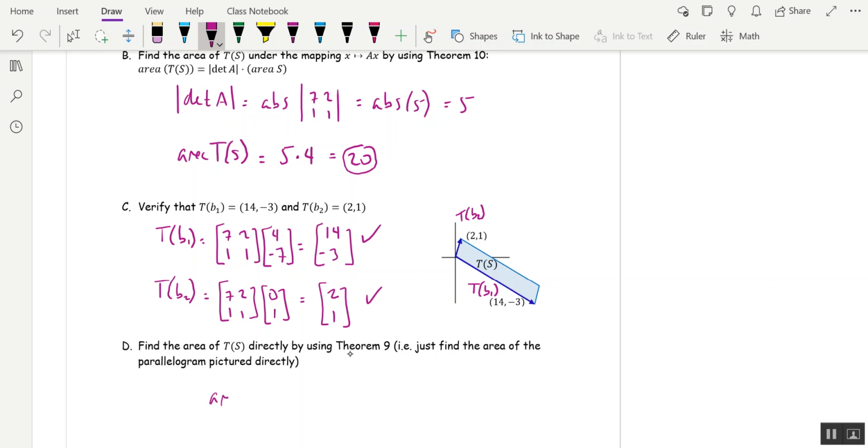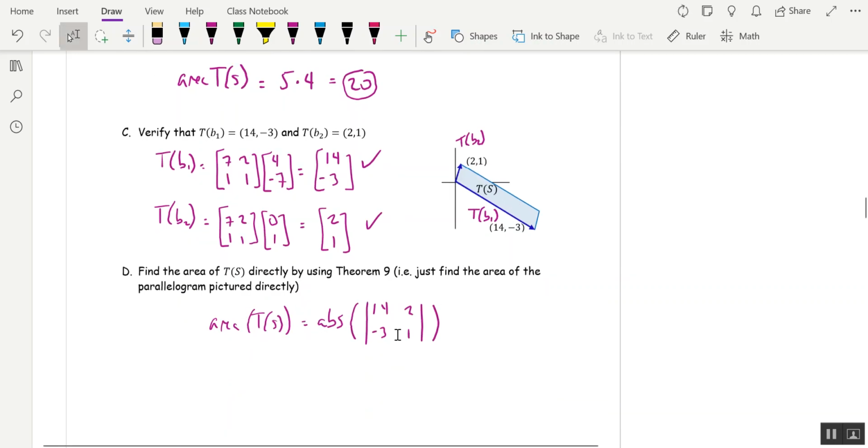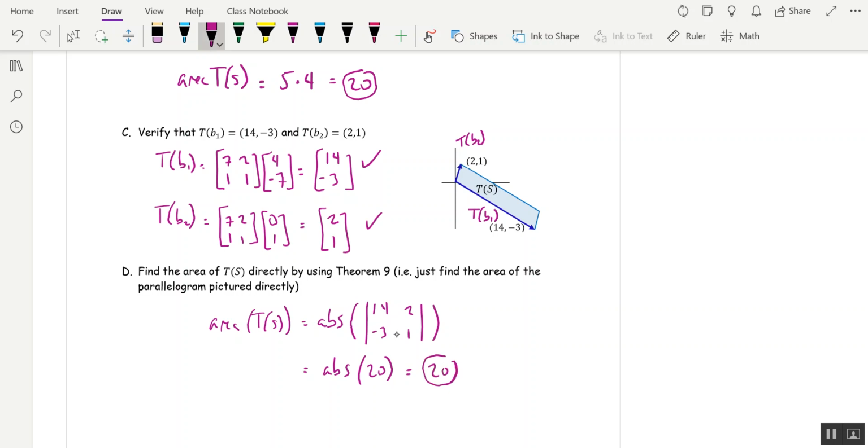So area of T of S is going to be the absolute value of the determinant of the spanning vectors, which are 14, -3, and 2, 1. Okay, and that's absolute value of 14 plus 6 is 20. Absolute value of 20 is 20. So we got the same answer.